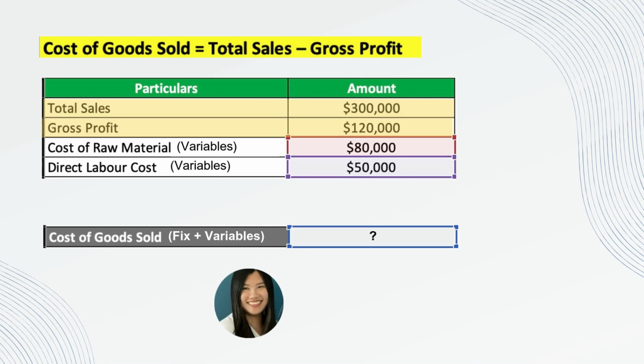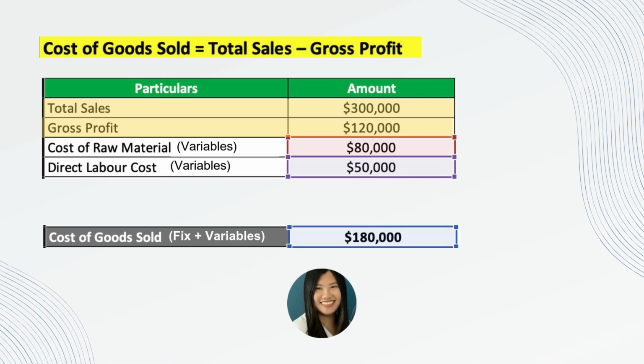As for our gross profit, we have $120,000. If we calculate $300,000 minus $120,000, you will get the cost of goods sold, which would be $180,000.